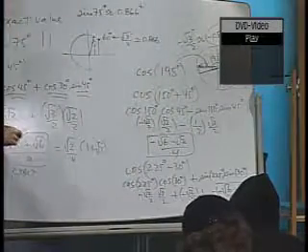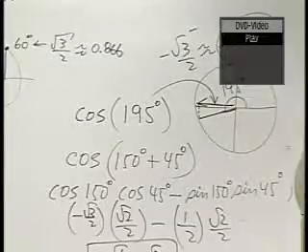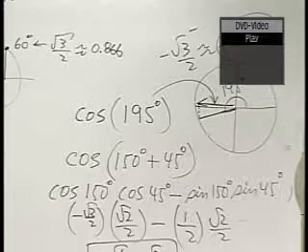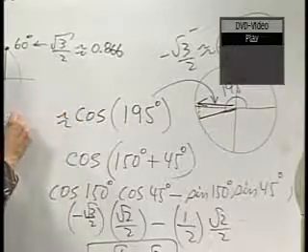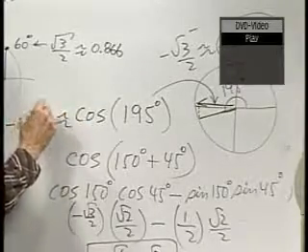And I believe we might be ending up with the same value we got previously, except negative. Negative 0.965.